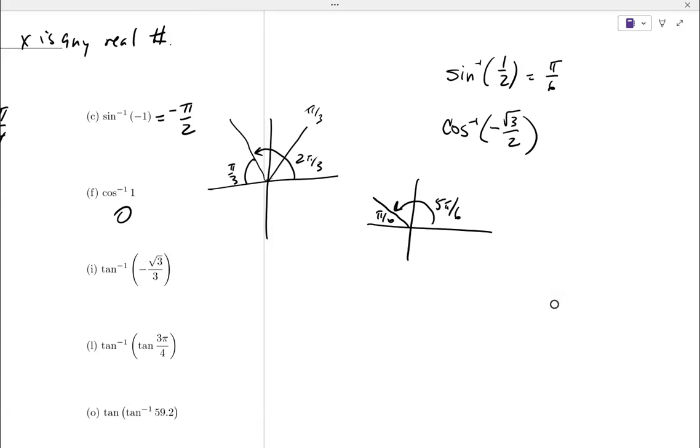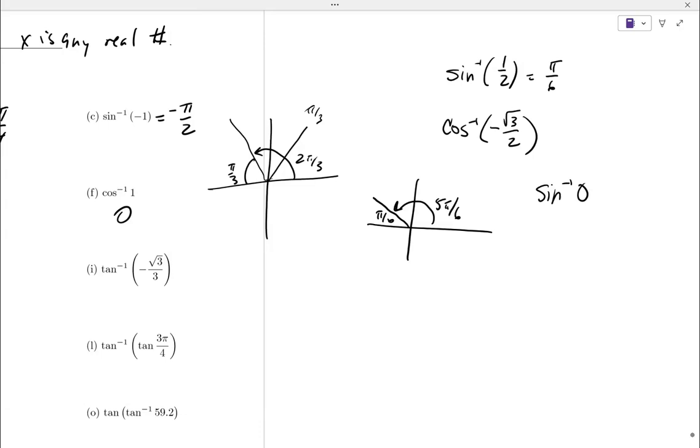Let's do another one. What about inverse sine of 0? Yeah, it's just 0. Because why?